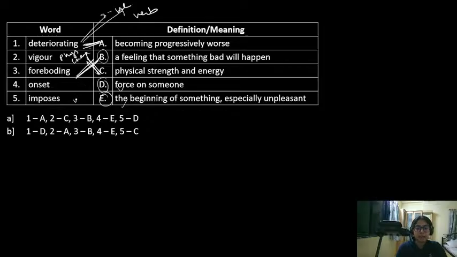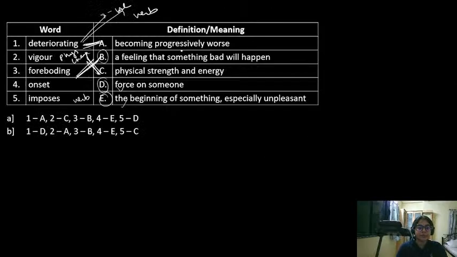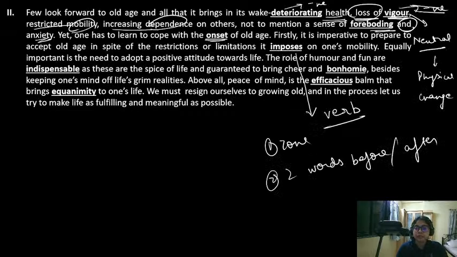ठीक है, imposes verb था, onset, where was onset? Okay, onset is also a verb. All right, now let's check the definition. Imposes is forcing on someone or the beginning of something especially unpleasant. So it has to be one of them. So I need some more hint. In spite of the restrictions or limitation it imposes on one's mobility. ठीक है?